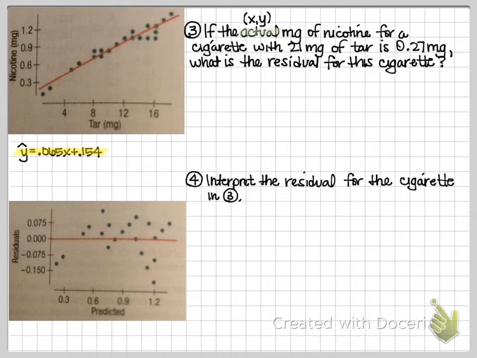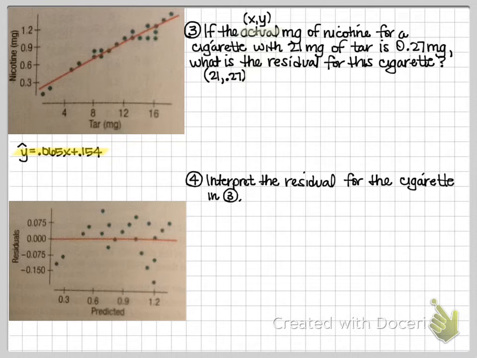It's the actual one. So I know that based off of the values here, the x is going to be the tar. So the tar itself here is 21, comma, the actual nicotine is going to be 0.27.